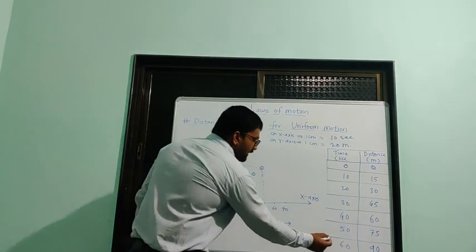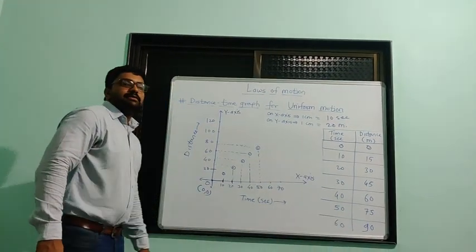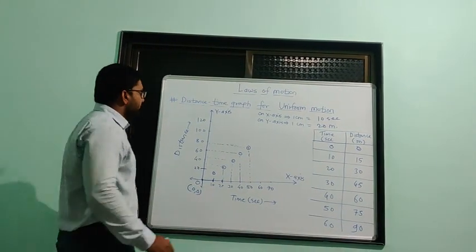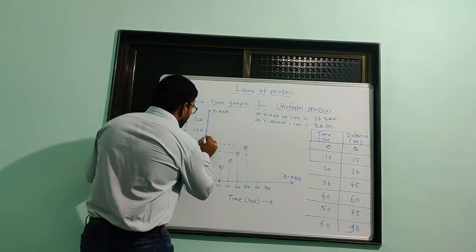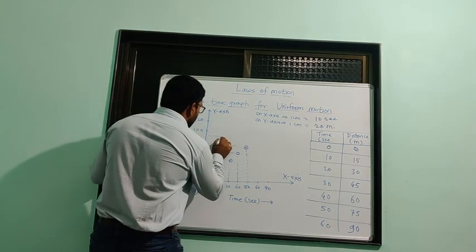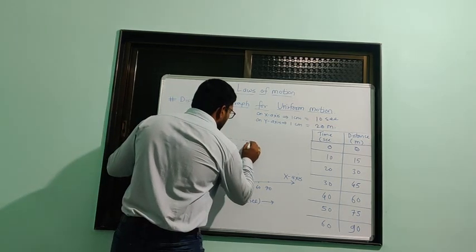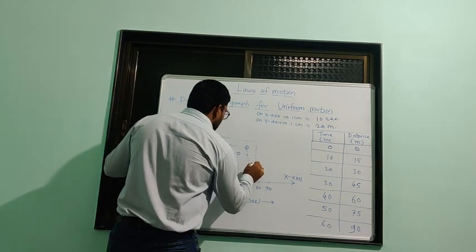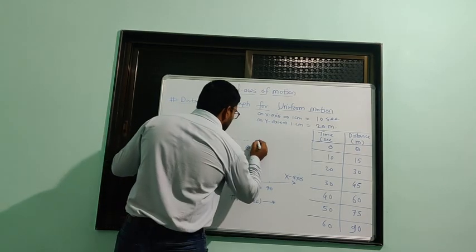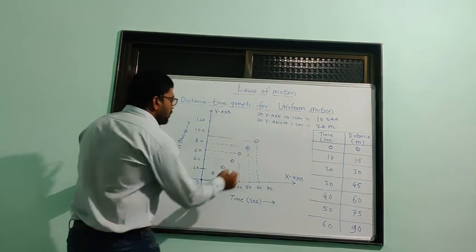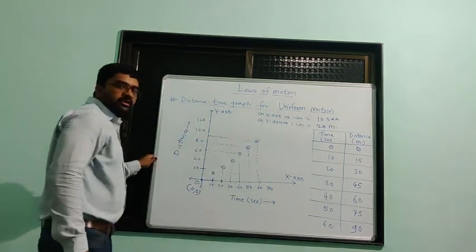And last, after 60 seconds our distance is how much? 90 meters. So in between 80 and 100, here is somewhere 90. After how much? 60. So here is the 60. Now we have drawn all the points here.